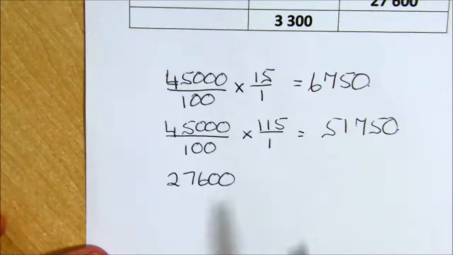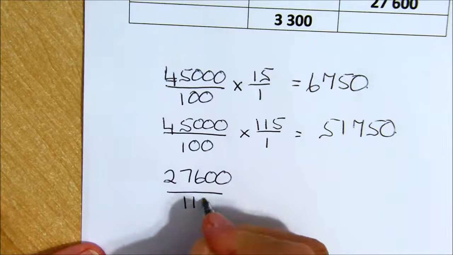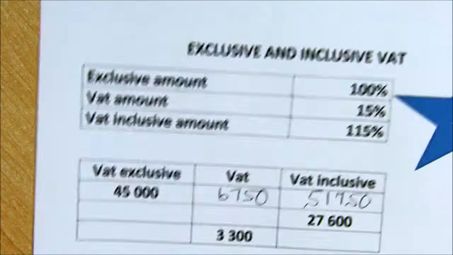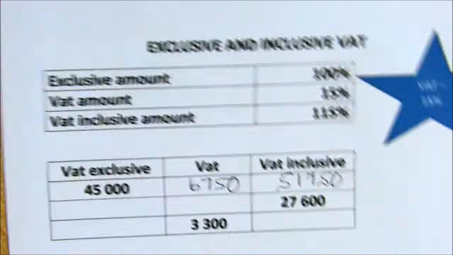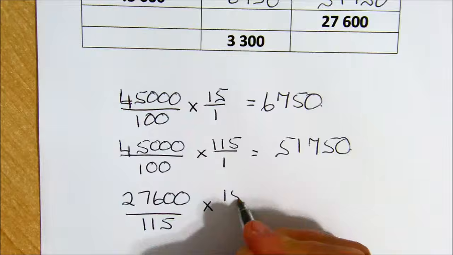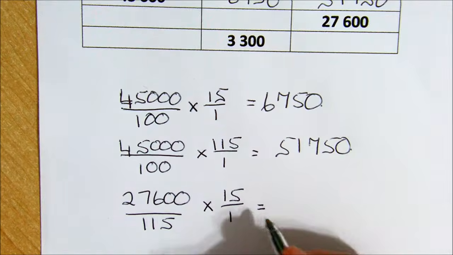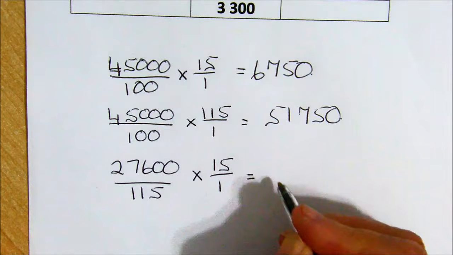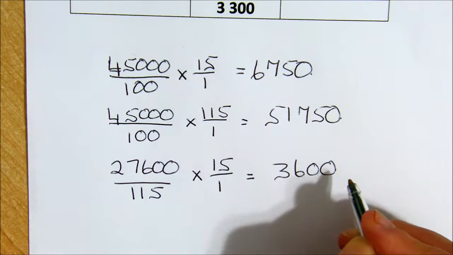So I'm going to take this and divide by 115. If you're asked to calculate the VAT amount, VAT is equal to 15. So you're going to times it by 15 over 1. Again, on your calculators, you do a calculation, and it comes to 3,600.